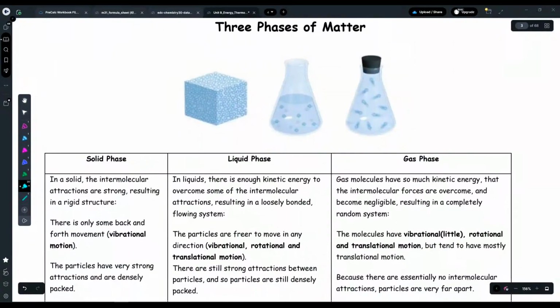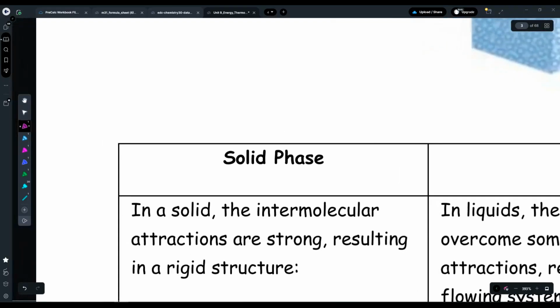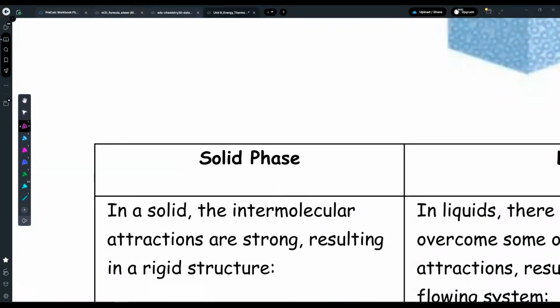Our three phases of matter are the solid phase, liquid phase, and gas phase. In the solid phase, we're not going to have a lot of movement of molecules.